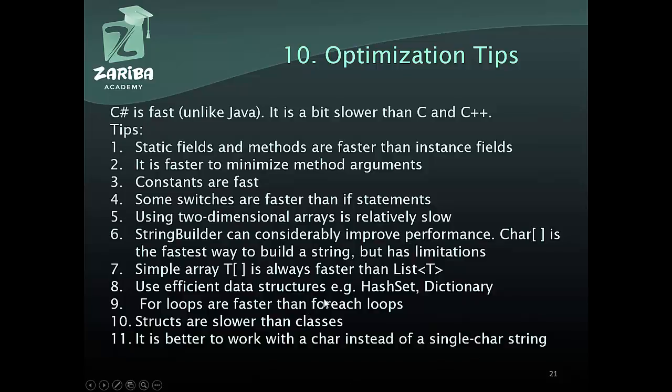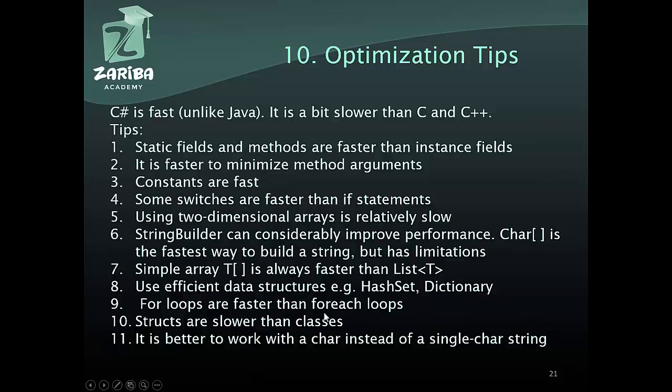Use efficient data structures. We haven't learned these. I think there is a lecture about this in the last course about Unity. If there is some collection which is faster, you can Google it and try to use it. So the hashset and the dictionary are made so that they're really good performance-wise.